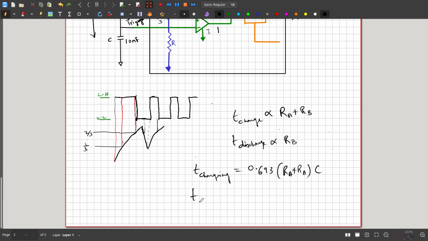Whereas for discharging, the time for discharging is equal to 0.693 times RB into C. Okay, so this 0.693 comes from the time constant factor. You can look up the calculation of tau on the net, and you can understand where this factor comes from.